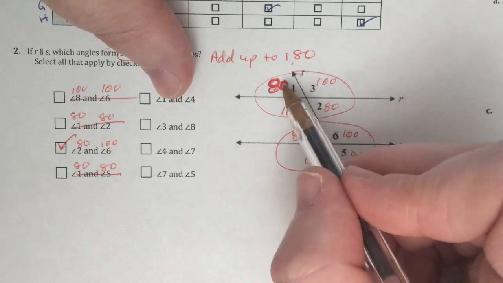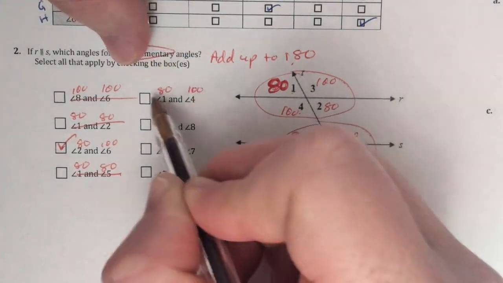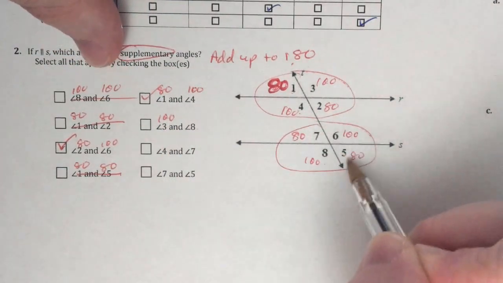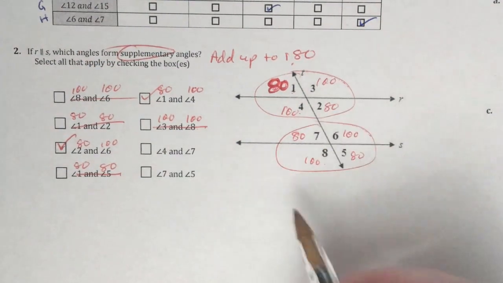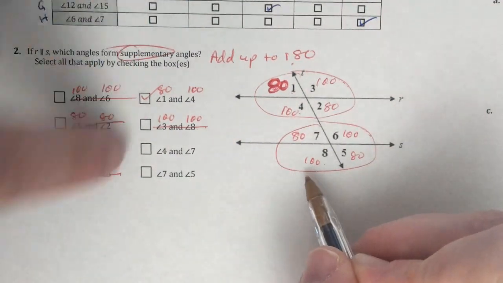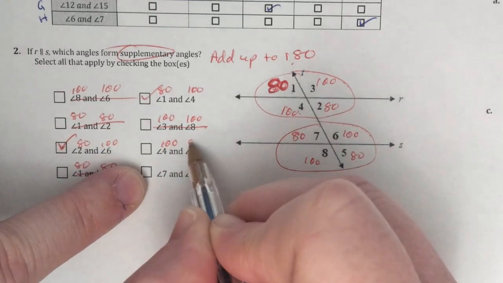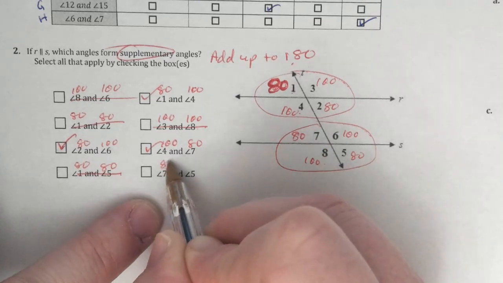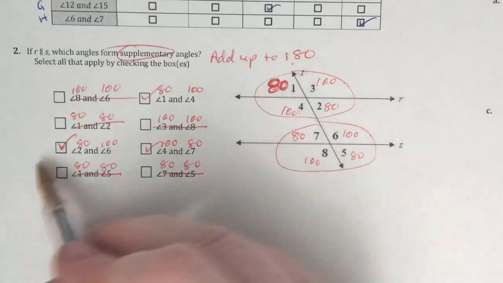How about this? 1 is 80. 4 is 100. Yep, that works. 3 is 100. 8 is 100. Nope, that does not work. We need something that makes 180 degrees. 4 is 100. 7 is 80. Yep, that works. And then 7 is 80. 5 is 80. That does not work. So those are the only 3 that work.